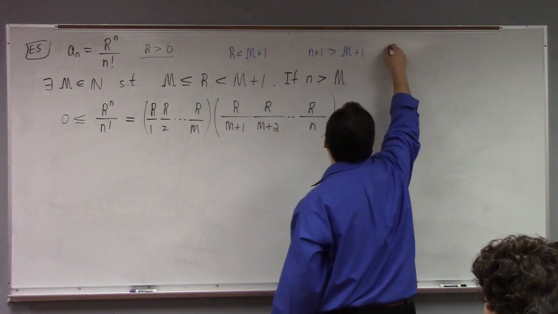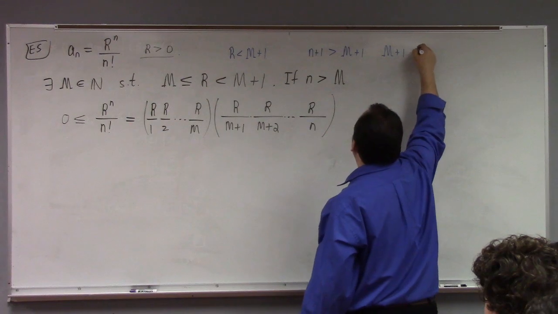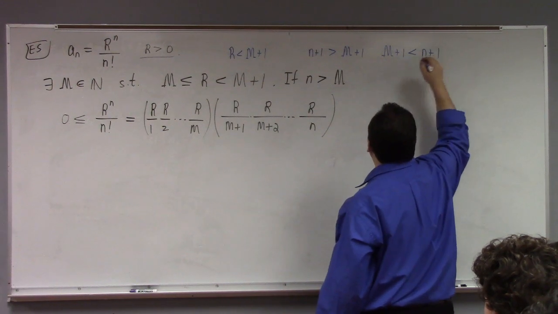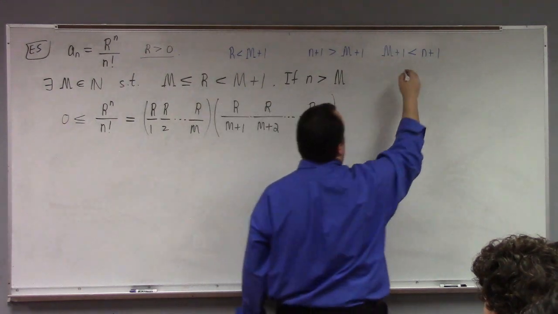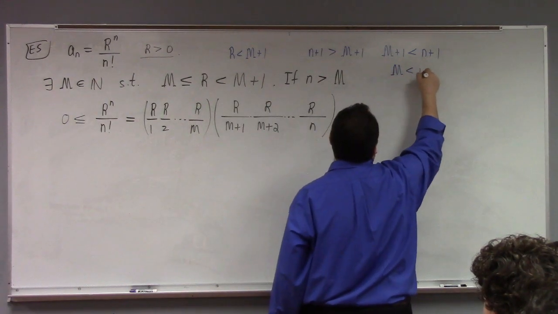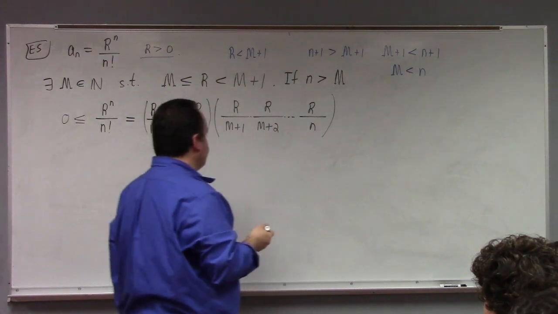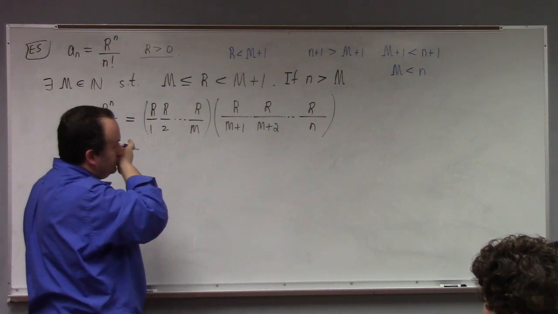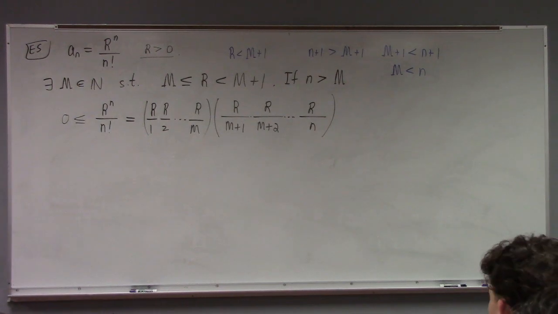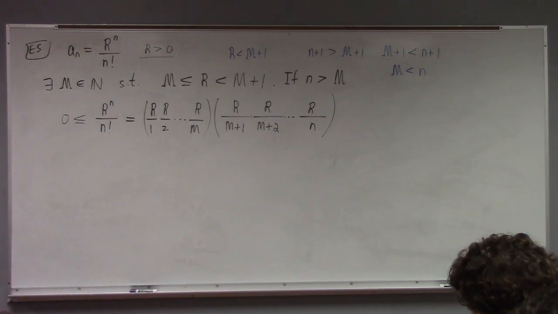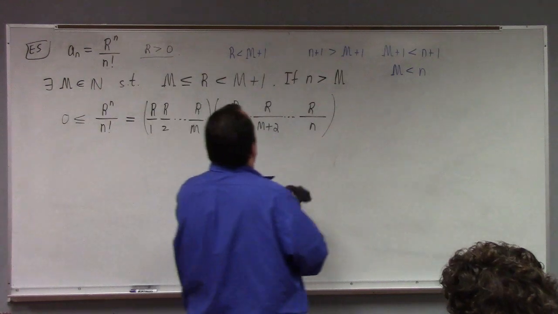In other words, m plus 1 is less than n plus 1. In other words, m is what? Getting to the point here. m is less than n. I still haven't... I'm sorry guys, let me stop writing. What I wrote in blue is not helpful.